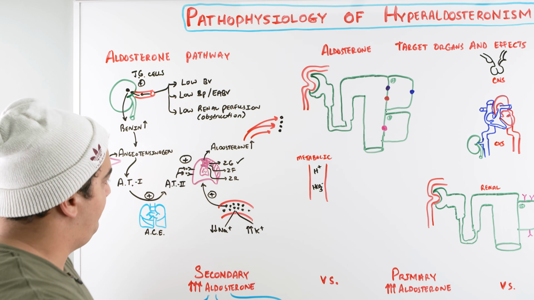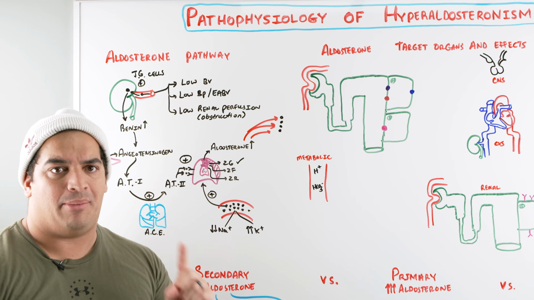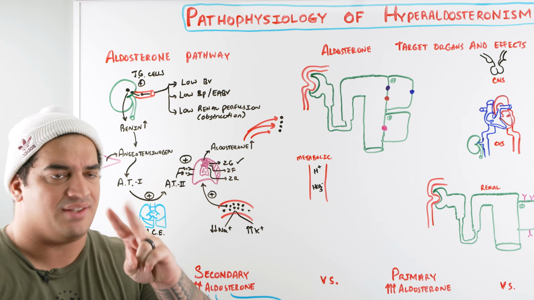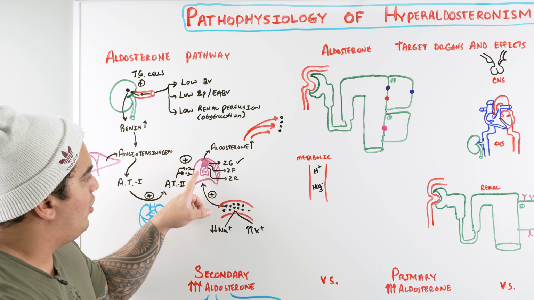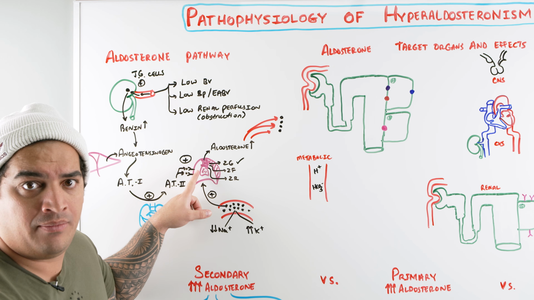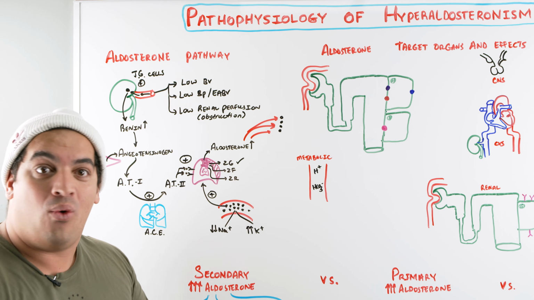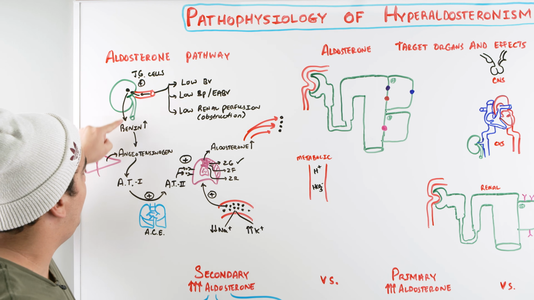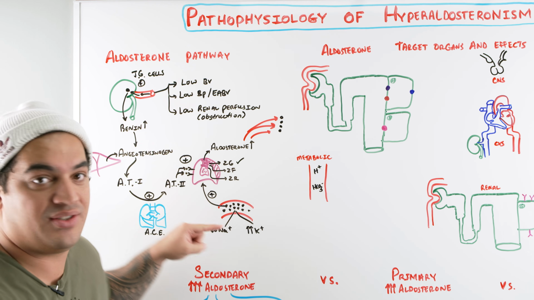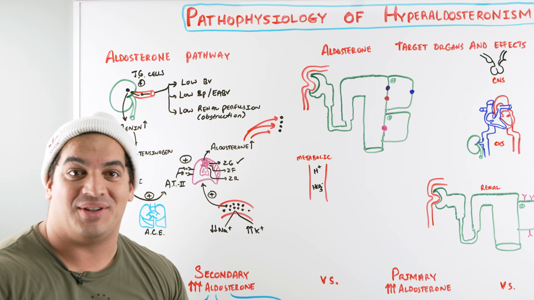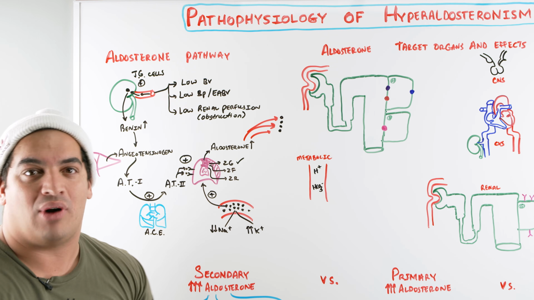Because we know the reason why someone would have hyperaldosteronism comes down to two particular reasons. One is their adrenal cortex is hyperfunctioning and it's saying, hey, I'm going to produce a lot of aldosterone. We'll talk about that. Or there's something that's activating the renin-angiotensin-aldosterone system that's causing an increase in production of aldosterone. Those are the two primary reasons.